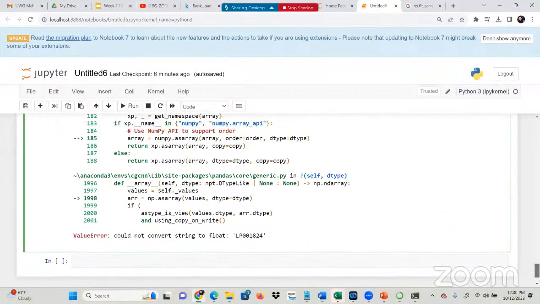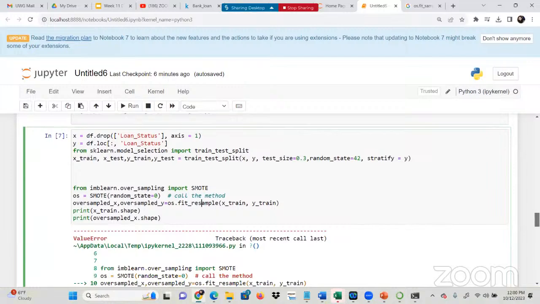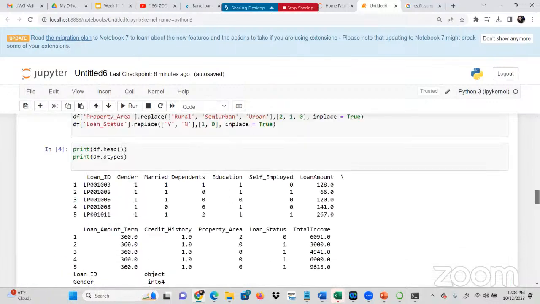Okay, it's another error actually. Cannot convert a string to float. Didn't drop the ID.